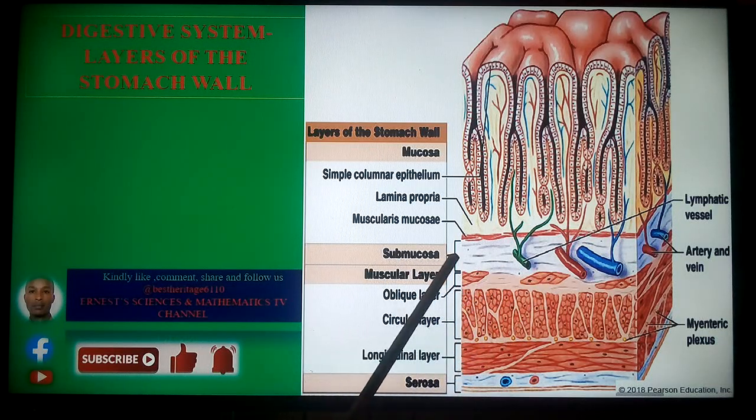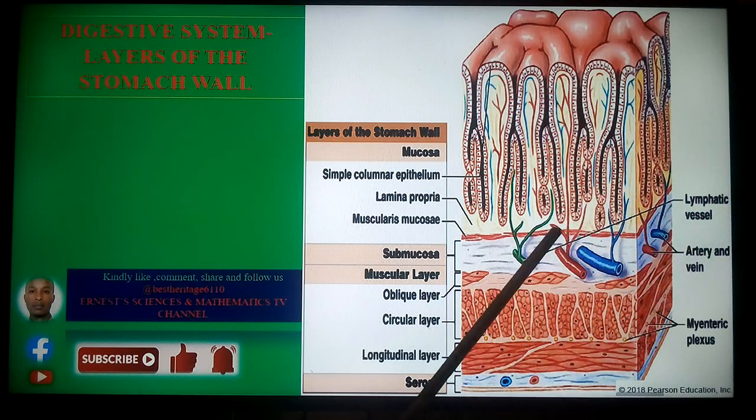Now we're also going to see that at this point we have the submucosa, which is adjacent to the muscularis mucosae. This section is essential in the sense that it consists of arteries and veins, which provide nourishment, or take the food materials absorbed from the stomach into the blood circulatory system and the lymphatic system, which are mentioned later.